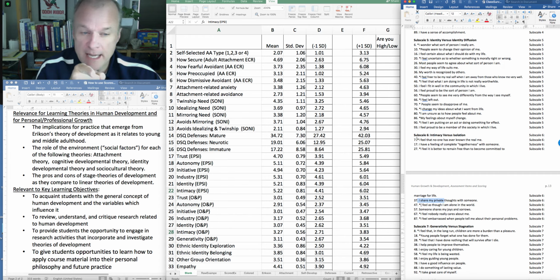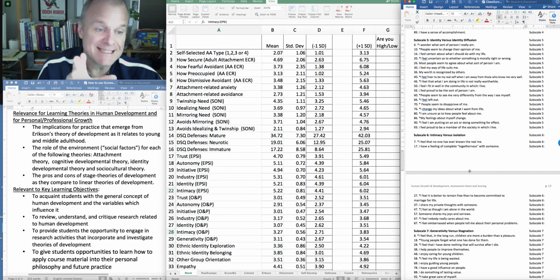Notice when you see an asterisk, these are negatively worded, so that means they got recoded in the opposite way. So when it says, I feel that no one has ever known the real me, that's going to be rescored automatically in here to really be asking you the opposite. That is, I feel someone knows the real me.